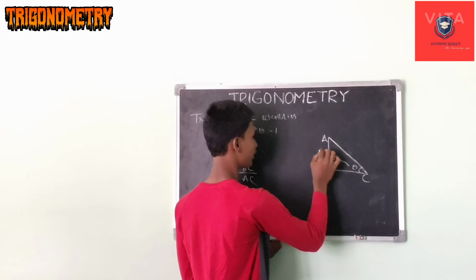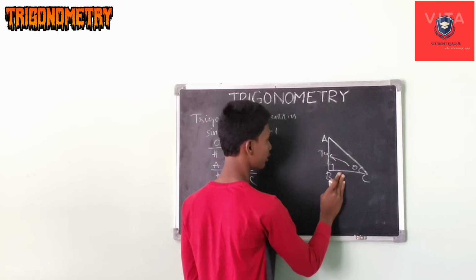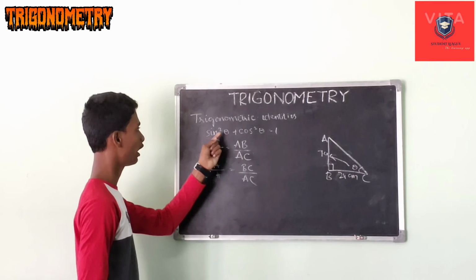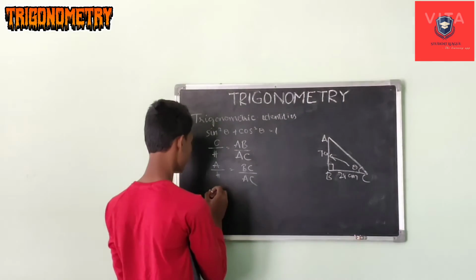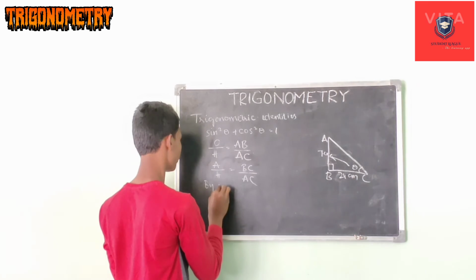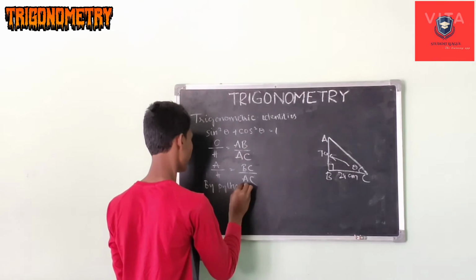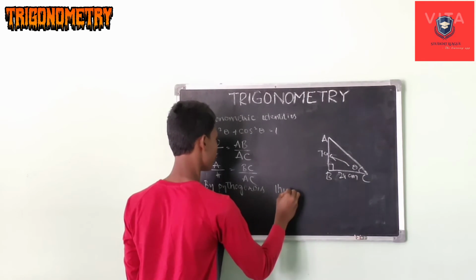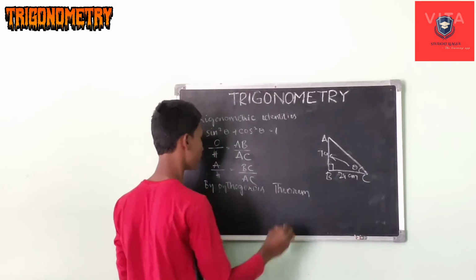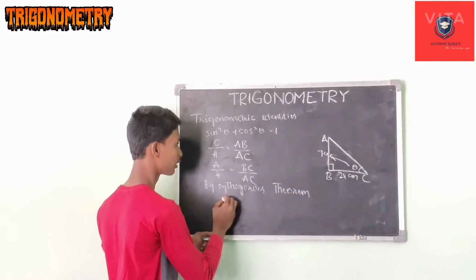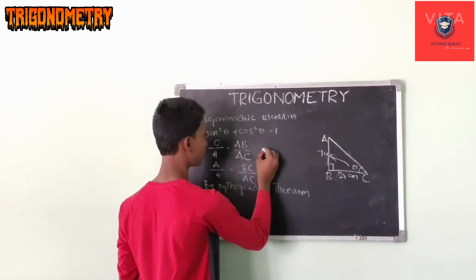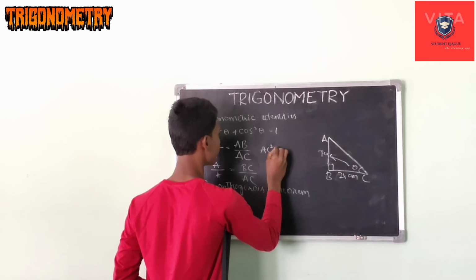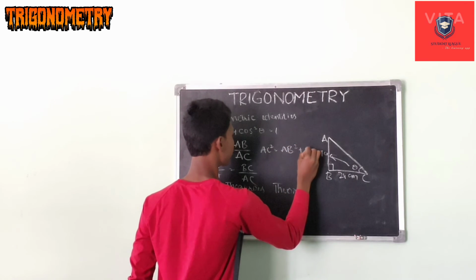Now we are taking the values: AB is 7 centimeters and BC is 24 centimeters, and we have to find AC. By Pythagoras theorem, AC square is equal to AB square plus BC square.